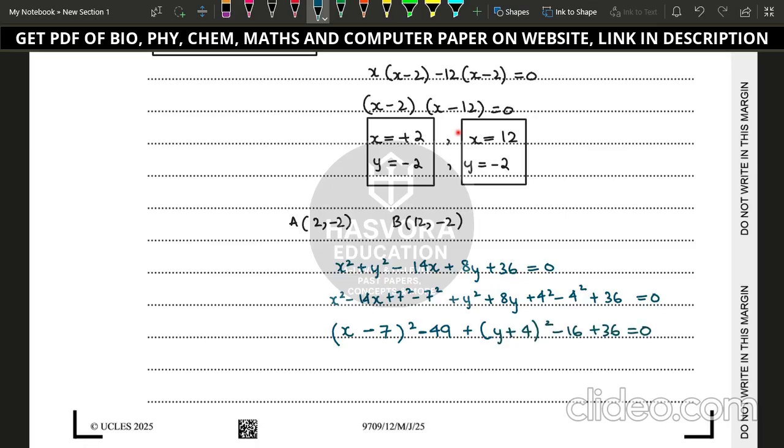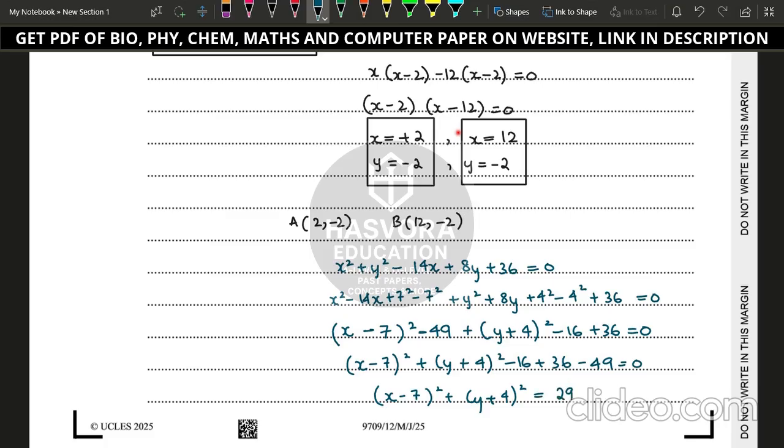So this will give us x minus 7 whole square plus y plus 4 whole square, minus 16 plus 36 minus 49 equals 0. So the final one is x minus 7 whole square plus y plus 4 whole square, and minus 16 plus 36 is plus 20, minus 49 gives minus 29. If I shift it to that side, it will become plus 29.